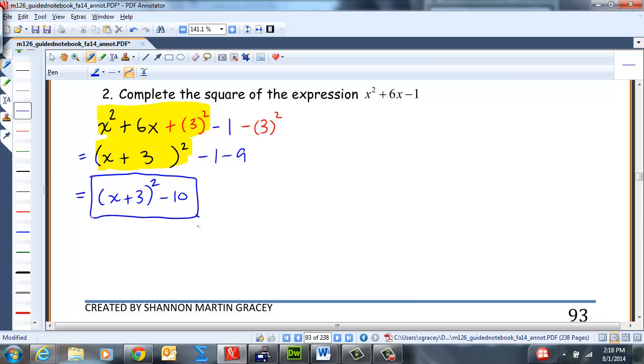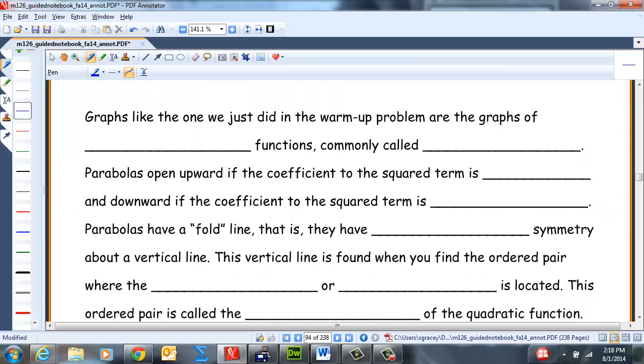All right. So next up, graphs like the one we just did are graphs of quadratic functions, commonly called parabolas. Parabolas open upward if the coefficient to the squared term is positive and downward if the coefficient to the squared term is negative. Parabolas have a fold line.